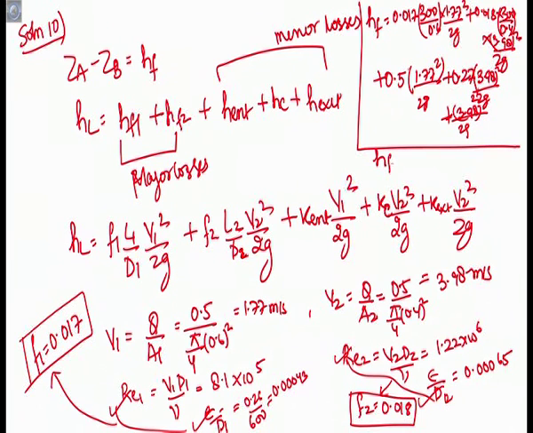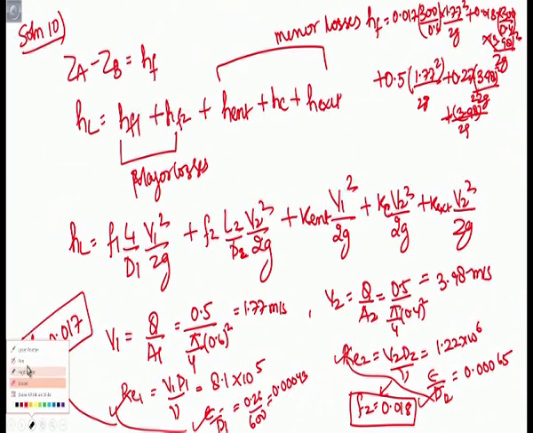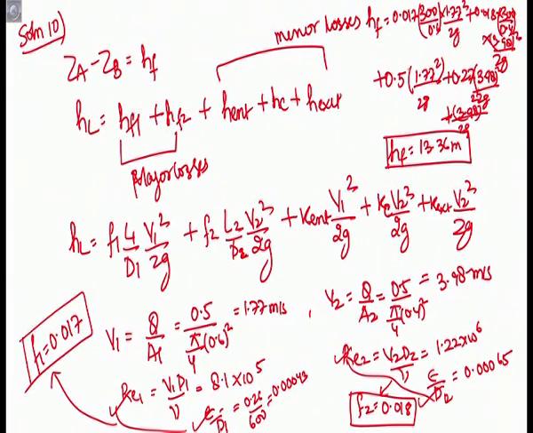So, if you calculate, in the end the total loss is going to be 13.36 meter. So, let me rub something here. Okay. So, the final solution, the head loss is going to be 13.36 meter, and therefore ZA minus ZB is going to be 80 minus 13.36.